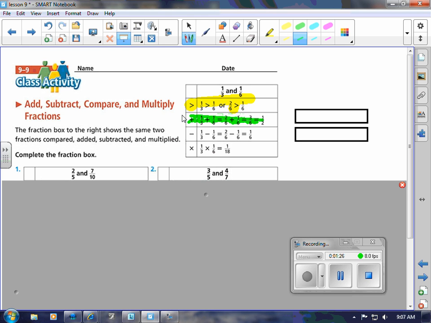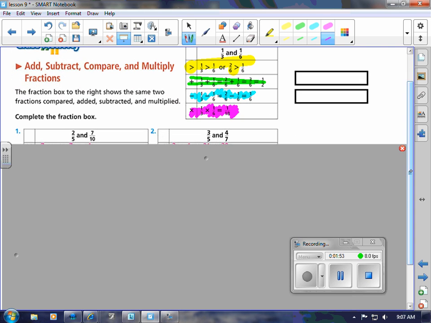Same with subtraction, as I said: find that common denominator and you can simply add and subtract. That's totally different than multiplication. With multiplication, you just multiply straight across. So in my pink bar here, you're really just going to multiply straight across. No worries about common denominators. Multiply 1 times 1, 3 times 3. So we're going to try that and practice that here on these next few.